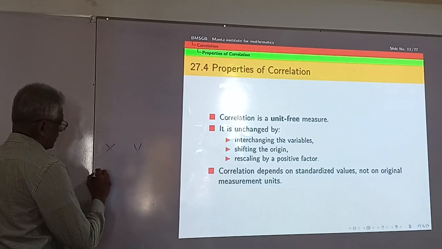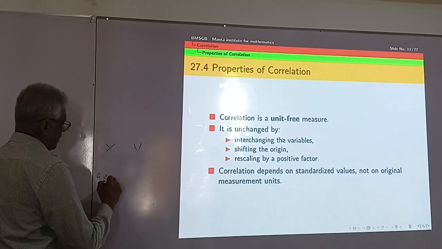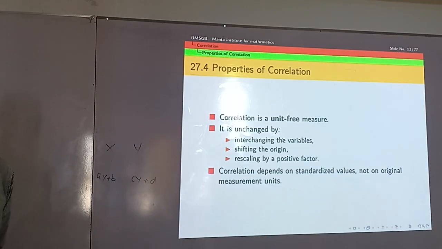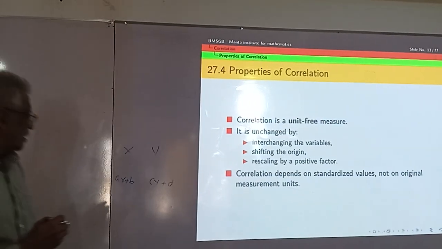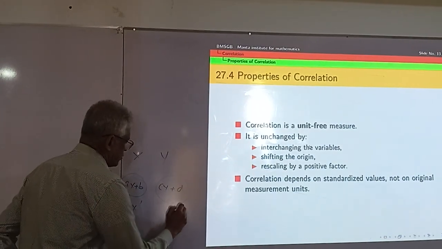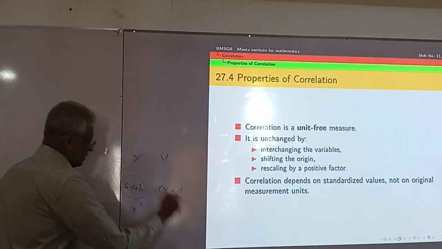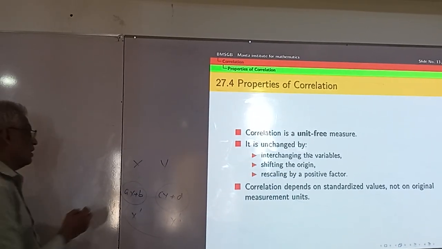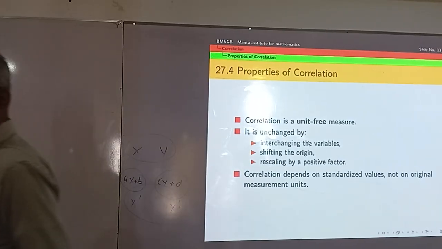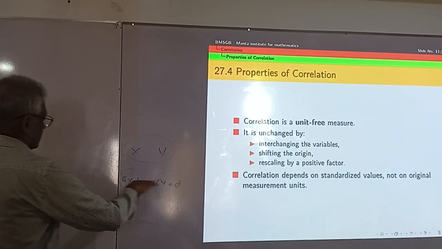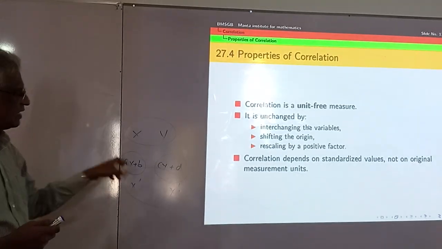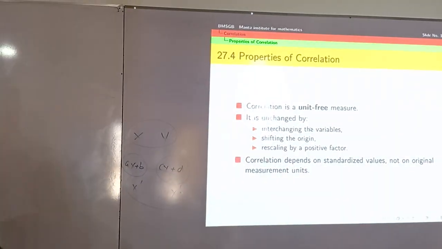Even if you calculate the correlation between aX plus b and cY plus d, where a, b, c, d are some constants, then the correlation coefficient between X dash and Y dash is the same as the correlation coefficient between X and Y. So this is shifting the values, and this is scaling. So scaling and shifting doesn't affect the correlation.